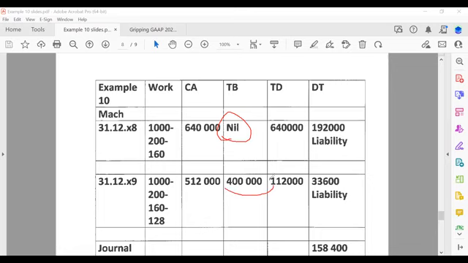Now we have a tax base of 400,000. How did we get a tax base of 400,000? That would be 1 million, which is the value of our asset.